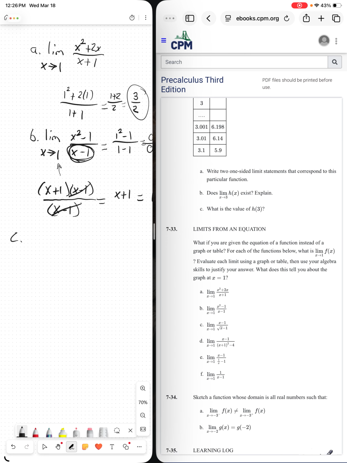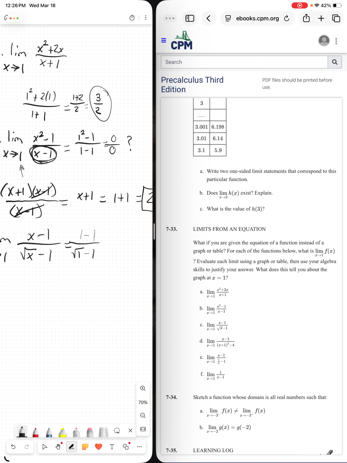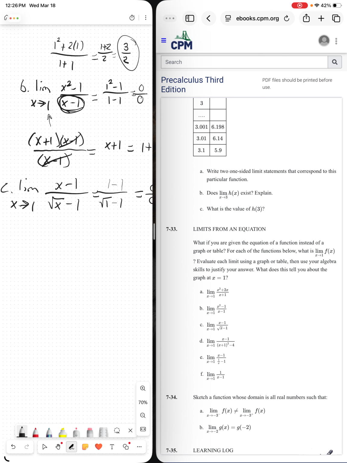Okay, the same thing with C. First thing, try to plug in. Again, indeterminate. So can I factor or something, right? In this case, we're going to multiply by a conjugate.